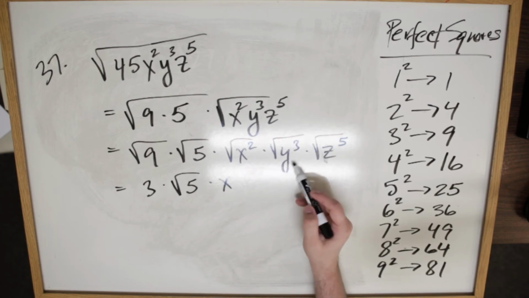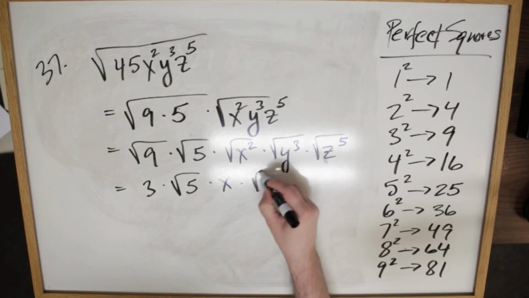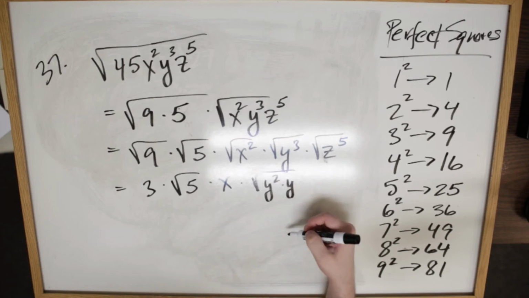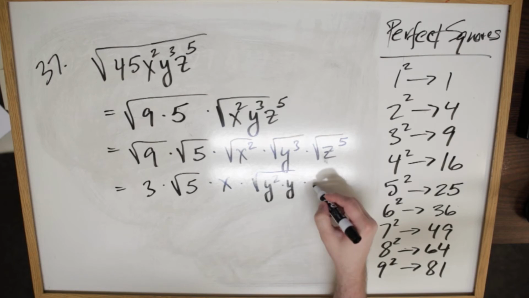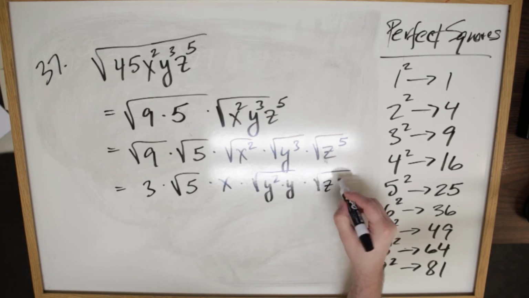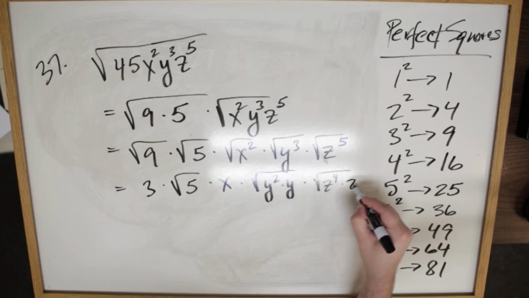This one's a little trickier. And the way to deal with this is by looking at the factors that sit inside of y cubed. So I've got y squared times y. Similarly here, we could do z to the fourth times z.